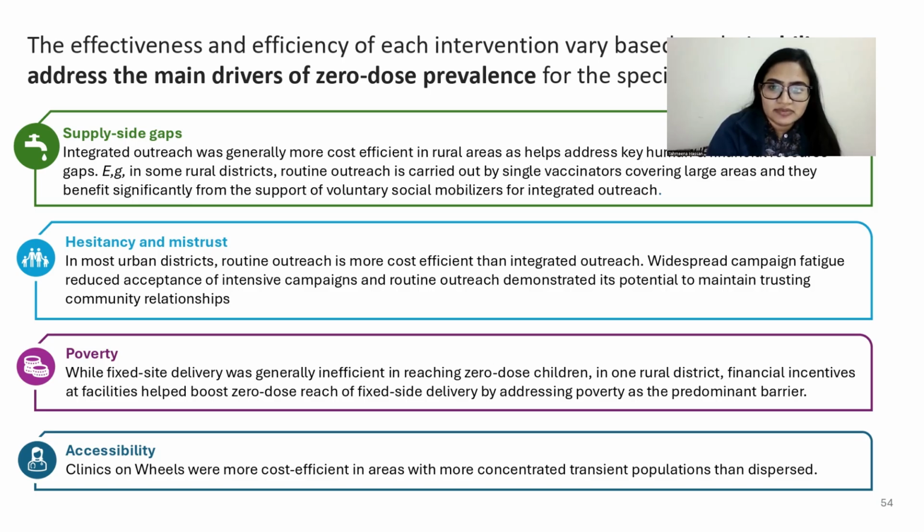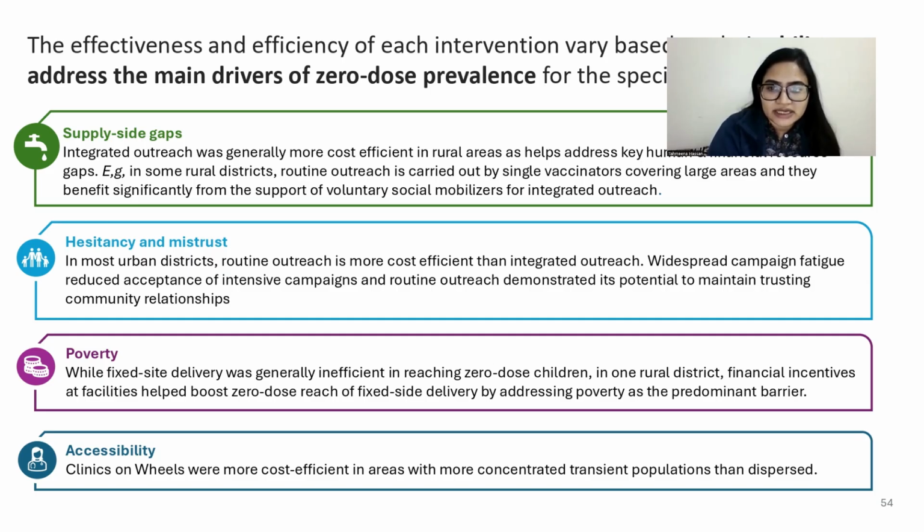These are the important points which emerged when we aligned the economic cost results with the perspectives of the healthcare providers. Though the barriers to reach zero dose children are interlinked and targeting one barrier may not be sufficient, the effectiveness and efficiency of any intervention would be much higher when matched with the specific barrier that the intervention has the ability to cater to.